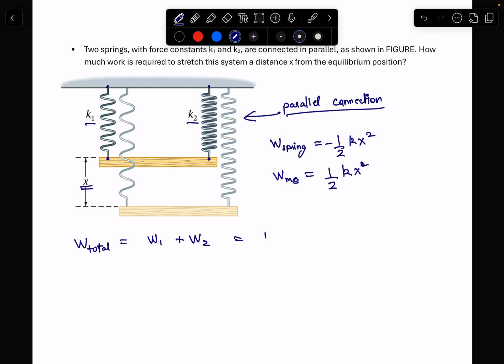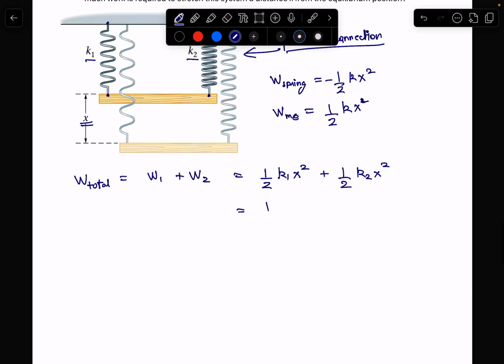So work done on spring 1 is half k1 times x square, and work done on spring 2 is half k2 times x square, right? Let me collect the terms that are common between them.